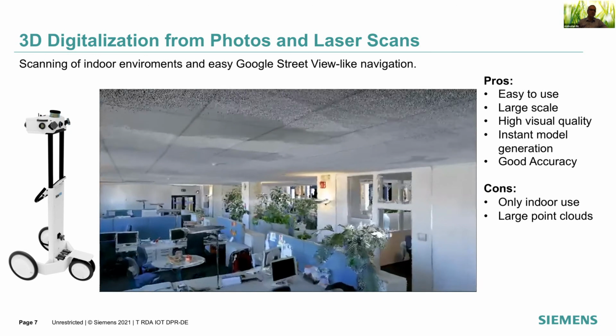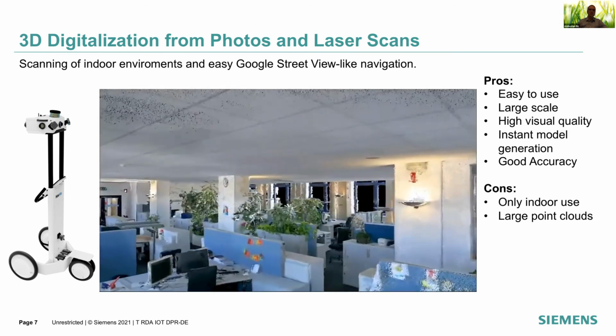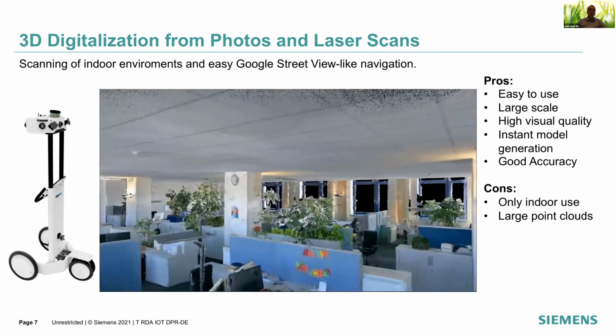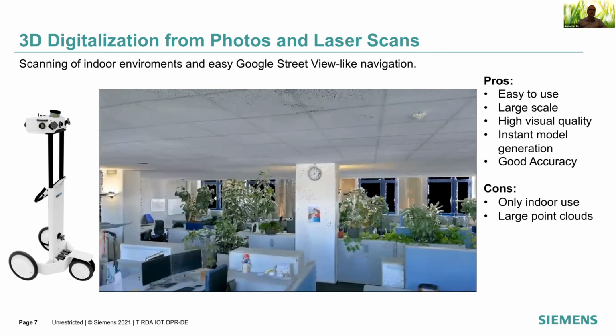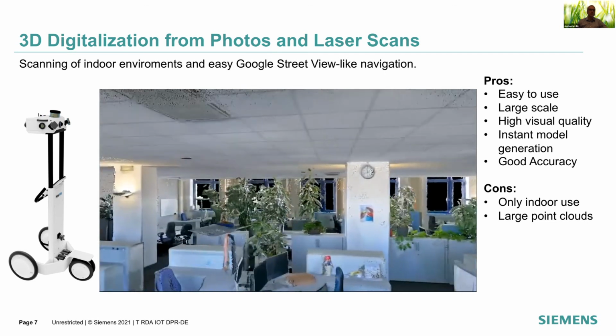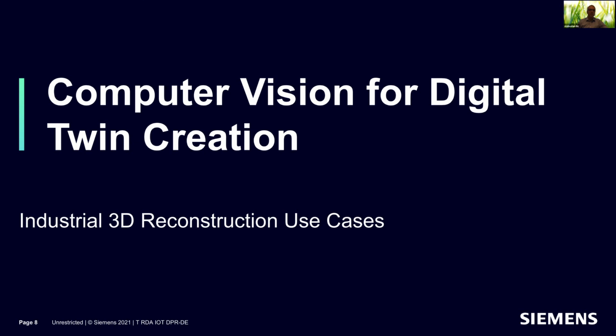It is extremely easy to use and can scale to large spaces. It provides a reasonable accuracy, I would say, but on the negative side it is limited to indoor scenarios.